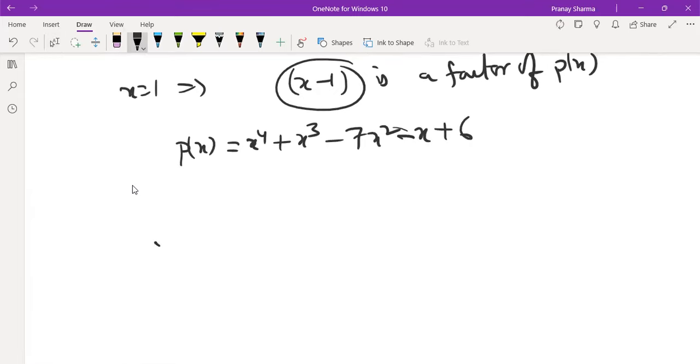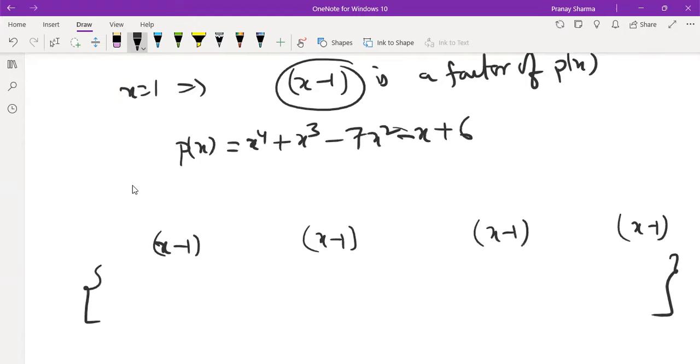Degree is 4. That means x minus 1 is to be written 4 times with some spaces in between. All right. Now we need to have curly brackets, which should be enlarged so that we can write P of x in a more clarified way. All right.